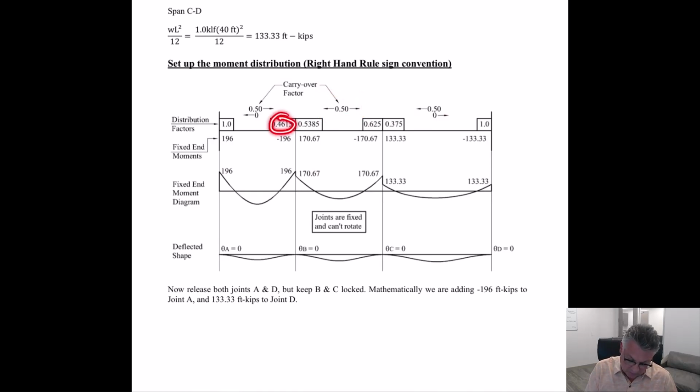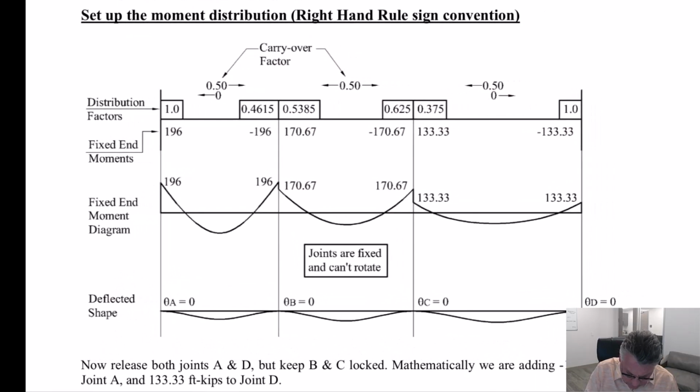We've established the percentage at each joint that any unbalanced moment will be distributed to each side. And here are our fixed end moments. Our fixed end moments are based on the right hand rule. So for this beam, let's use real drawing.